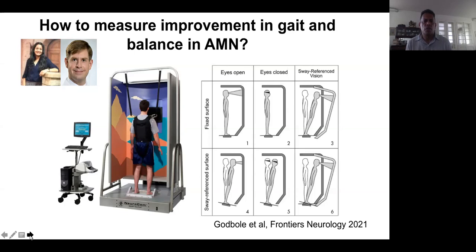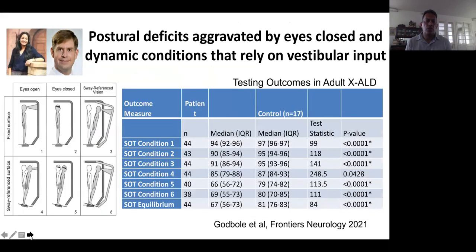And we've been examining what happens when the surface that you stand on is uneven, what happens when the visual surrounding starts to change. And it turns out that when you start changing the surface and also the visual surroundings, you, not surprisingly, aggravate the sense of balance.